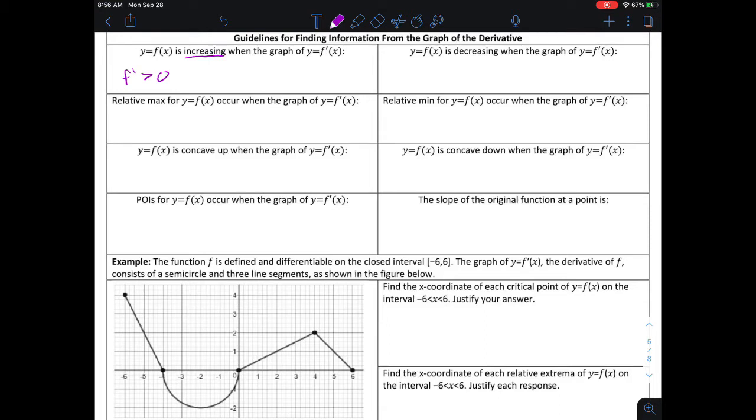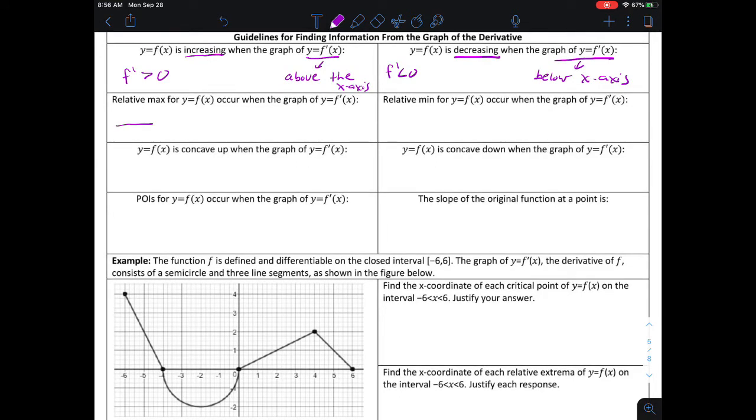So where the graph of my derivative is above the x-axis, y equals f of x will be increasing. And likewise, f of x will be decreasing when my derivative is negative, which means graphically my derivative will be below the x-axis.